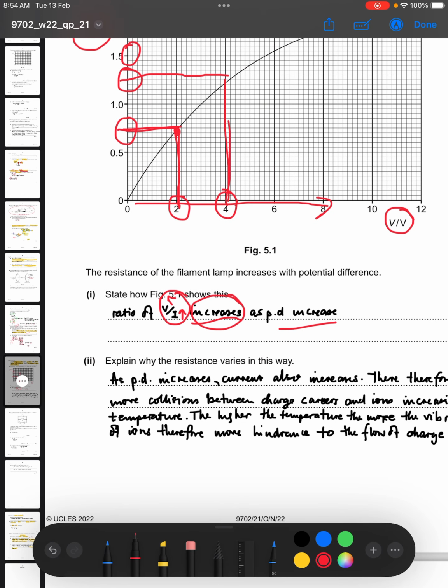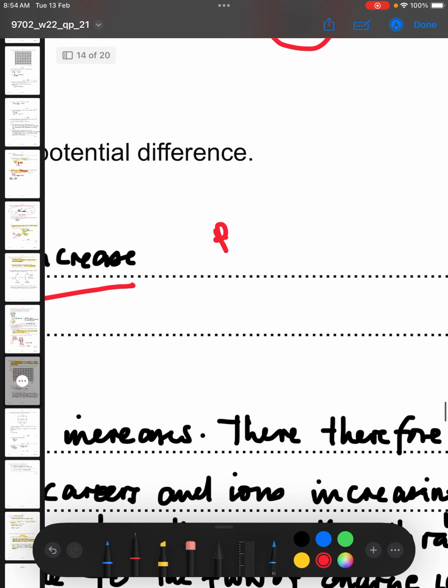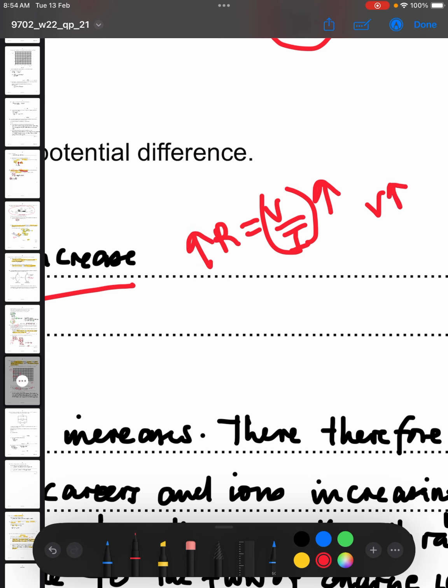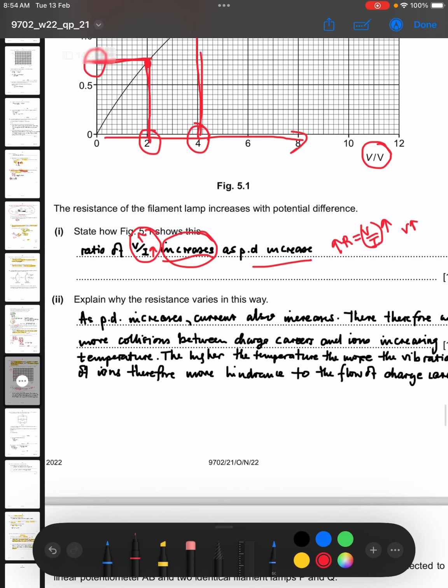Now, remember, the question was saying state how Fig 5.1 shows this. Show what? Show that the resistance of the filament lamp increases with potential difference. Remember, resistance is equal to voltage over current. As we have shown that V over I is increasing as voltage is increasing, in other words, the resistance is increasing as voltage is increasing, as shown by the graph.